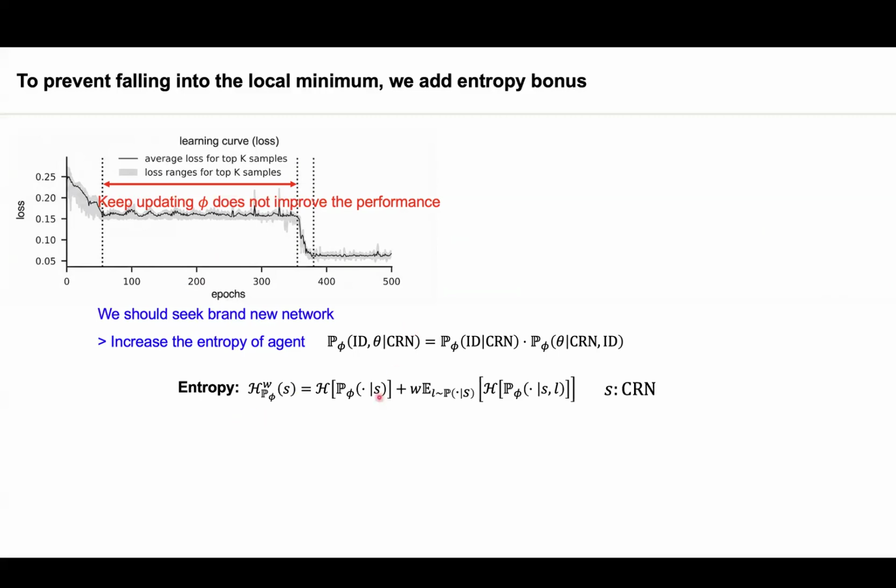So this entropy looks complicated, but it is just the sum of the entropy of choosing a reaction and the entropy of choosing a parameter. So by increasing this value, we can choose a new reaction and a new parameter.